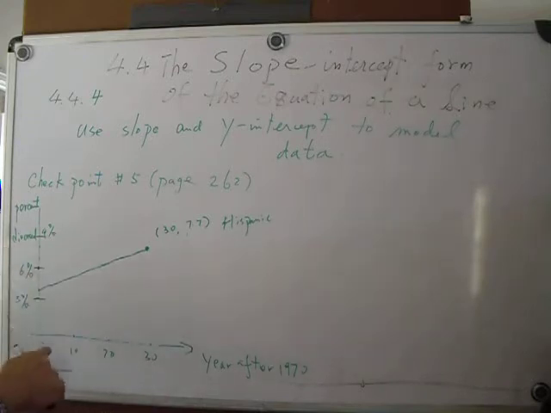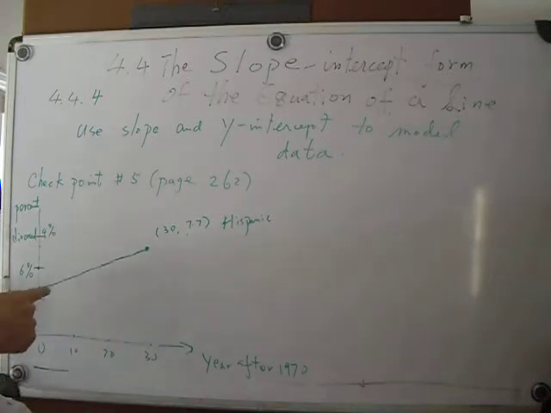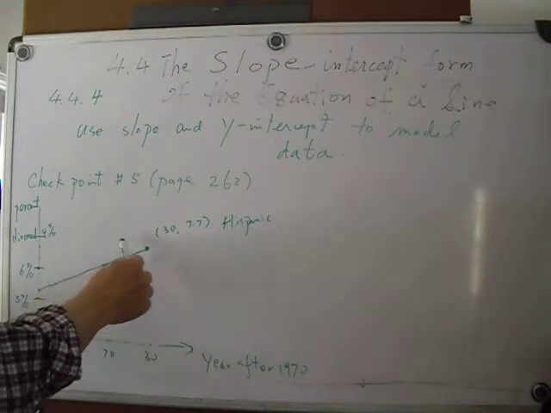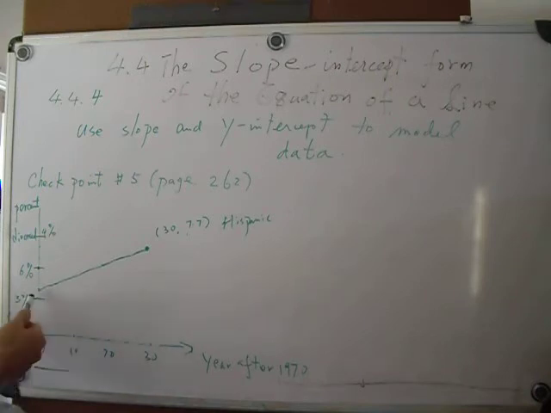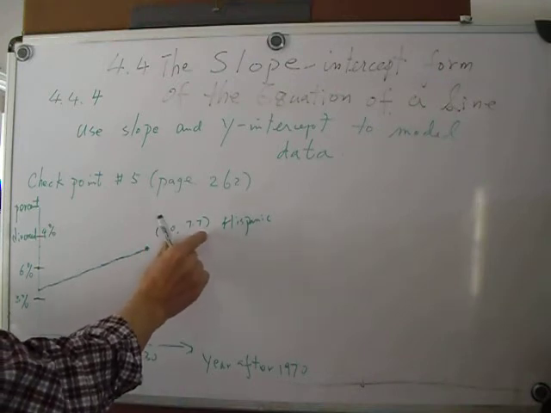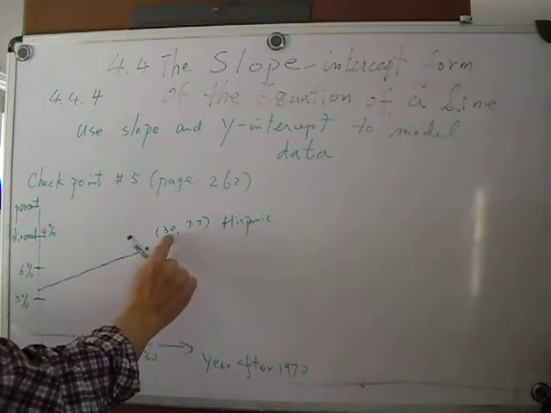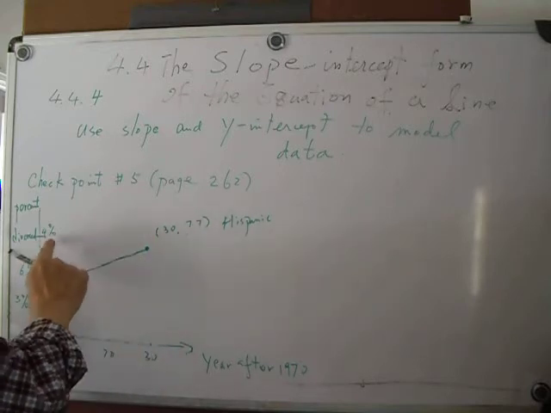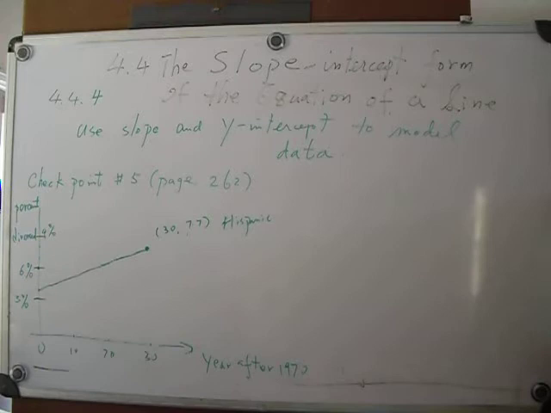To solve this problem, as you can see, we have a line here. The y-intercept is roughly less than 4%. Then the second point is here: the x coordinate is 30, the y coordinate is 7.7, meaning 7.7%.